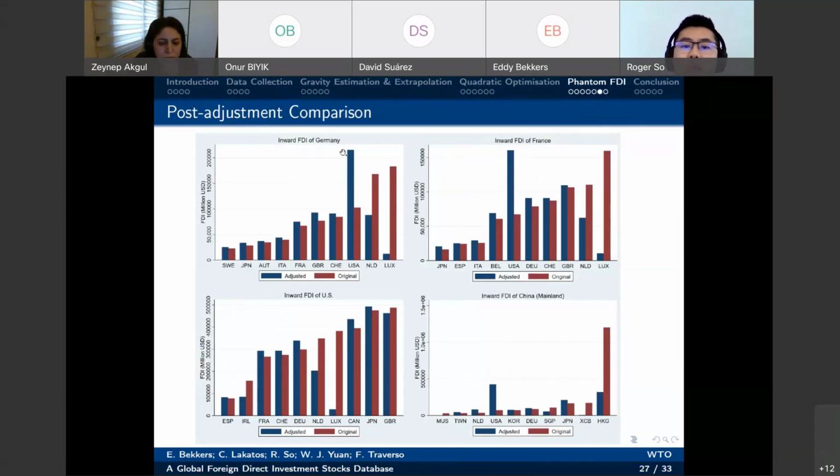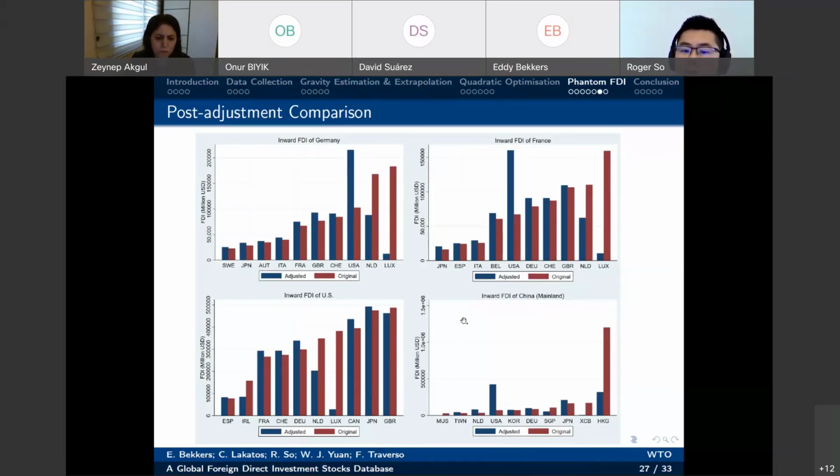The red bar shows the original result after the optimization, and the blue bar shows the adjusted result after this phantom FDI adjustment. You can see very clearly there's a huge decrease in FDI coming from Luxembourg or Netherlands, and they're assigned to all these other regions. And most importantly, a lot of them are assigned back to the USA.